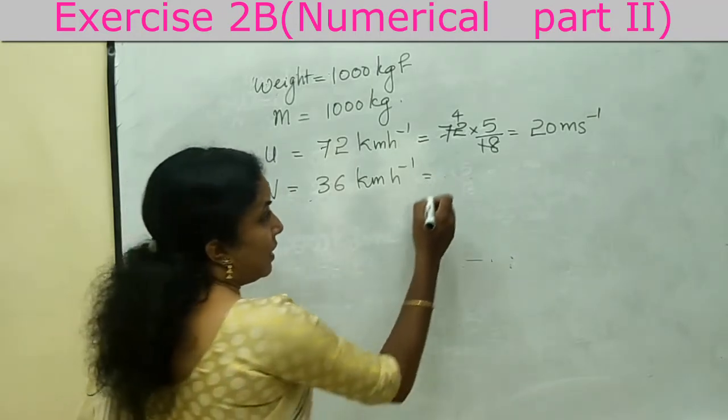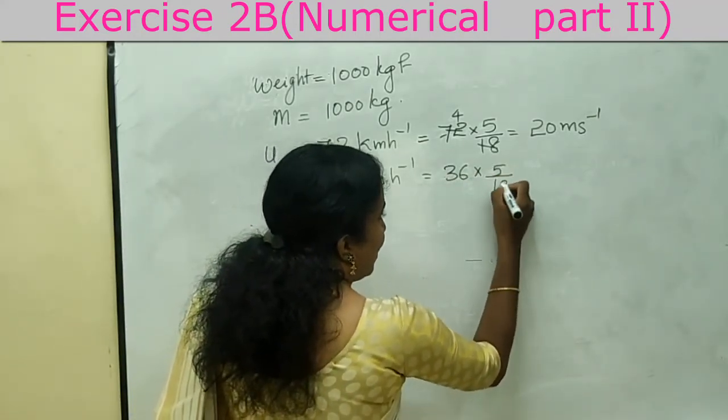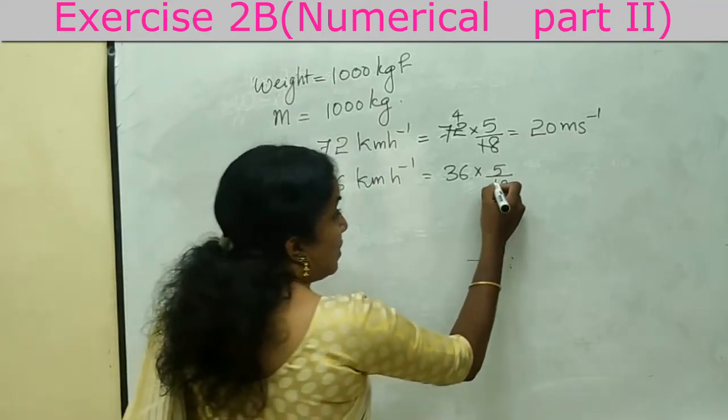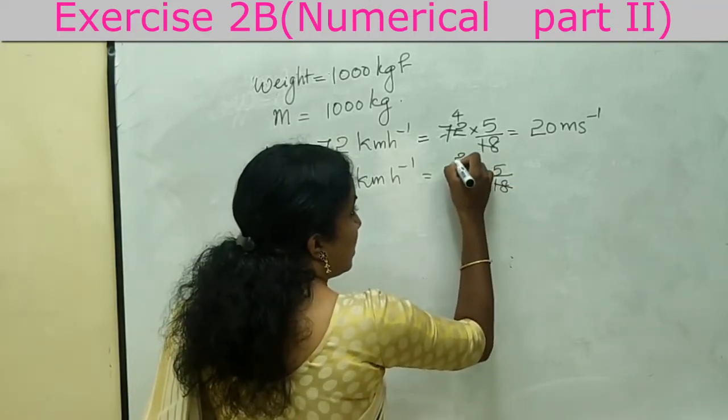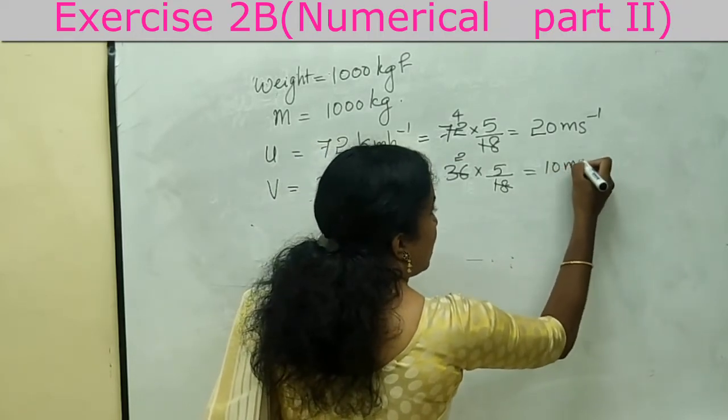Here 36 into 5 by 18. 18 2s are 36. So it is 2 5s are 10 meter per second.